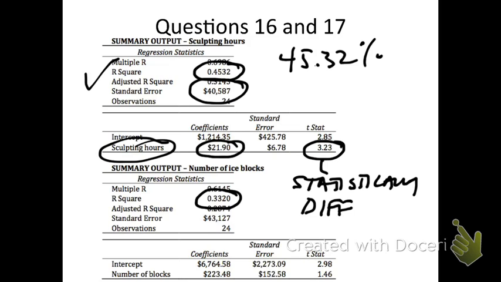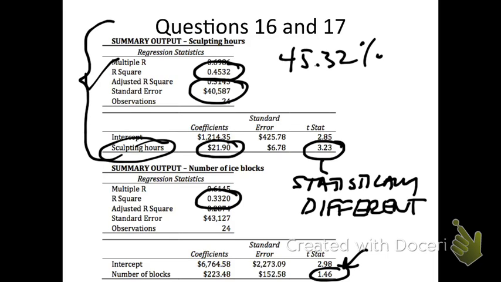And since we are more than 3 standard errors away, more than 99% of our observations are within that range, and 0 is not a possibility in there, so we are statistically different. And you can see how that compares to this t-stat down here. Here we wouldn't be able to make that same conclusion. Alright, so sculpting hours, this regression right here, is our best driver.